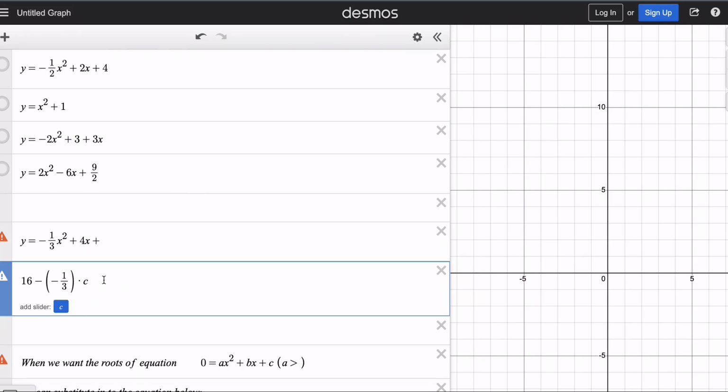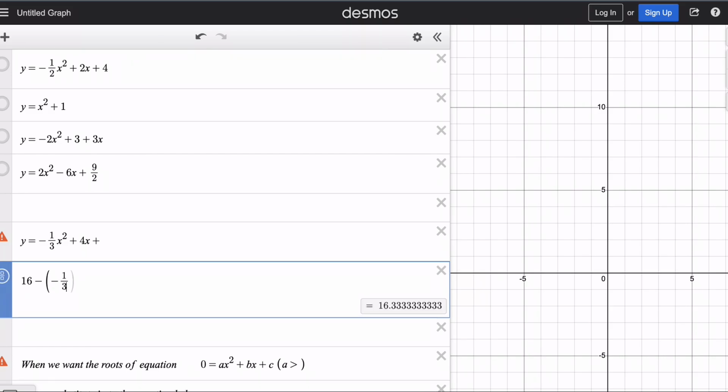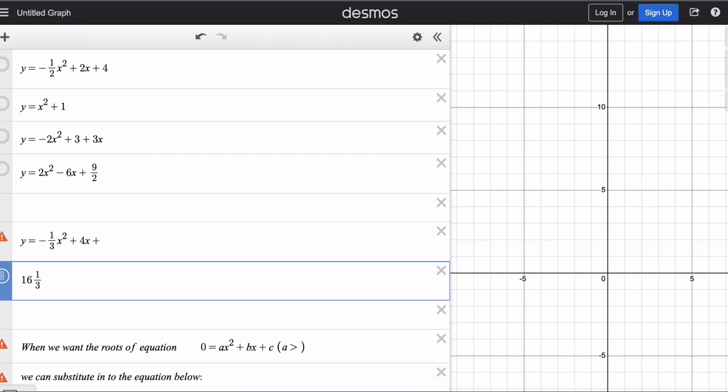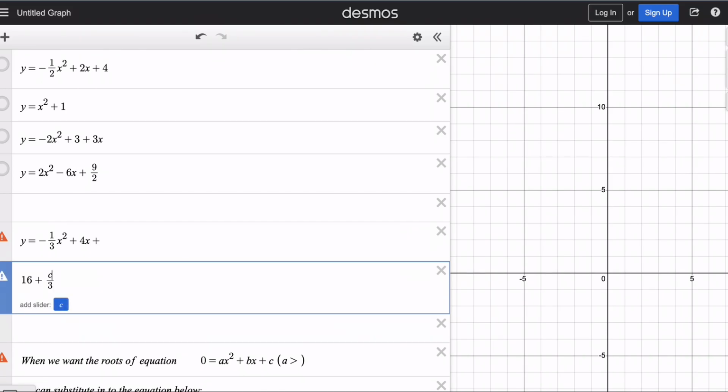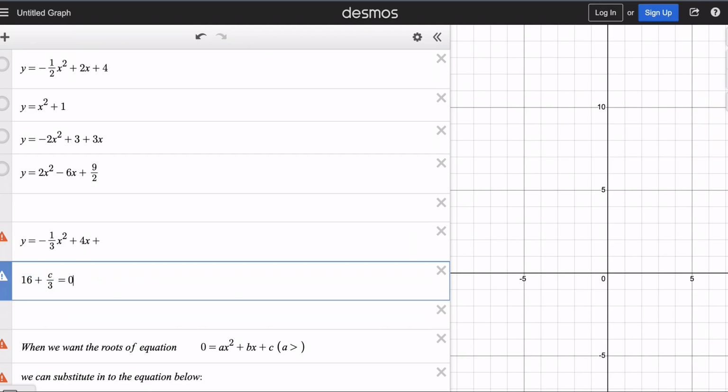If I want this one to equal exactly 0, if this is 16, then what added to 16 gives 0 is negative 16, right?